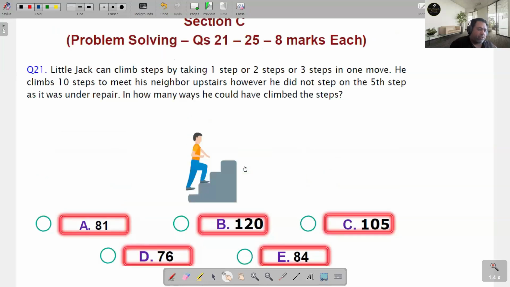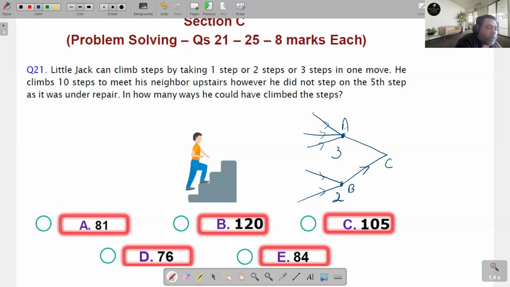So let's understand a few concepts here first of all, and we'll apply that on the step problem. If you reach a particular point here in 3 ways, and if you reach another point here in 2 ways, let's say this is point A and this is point B. And from B to C you reach in one way, and A to C you reach in one way.